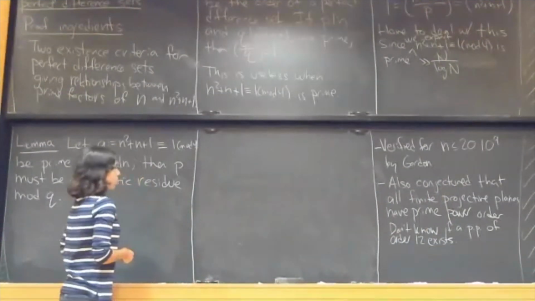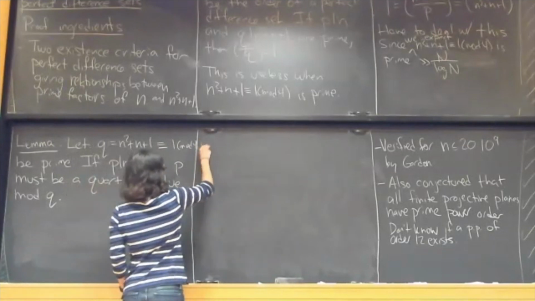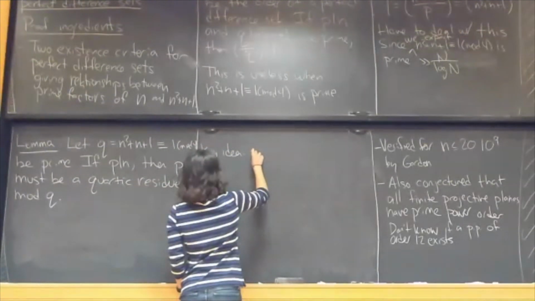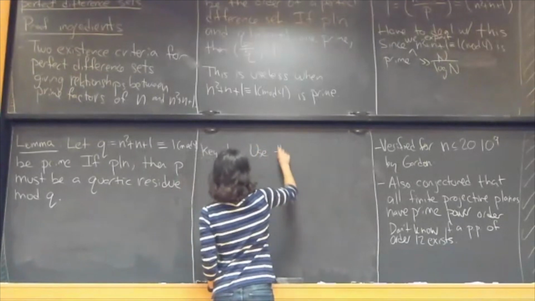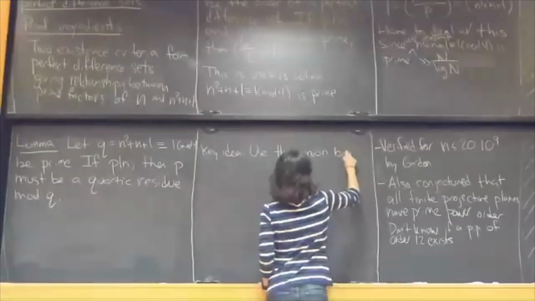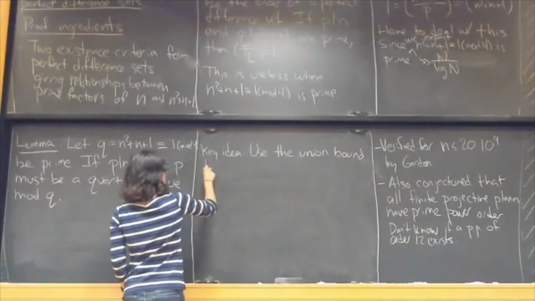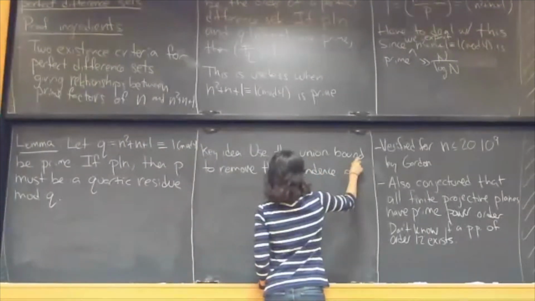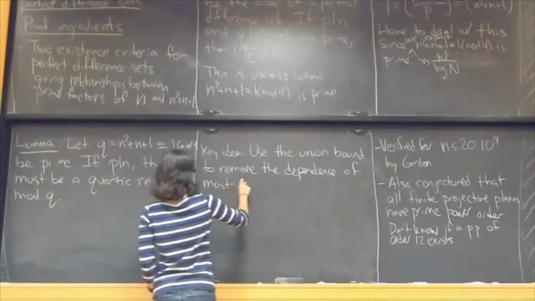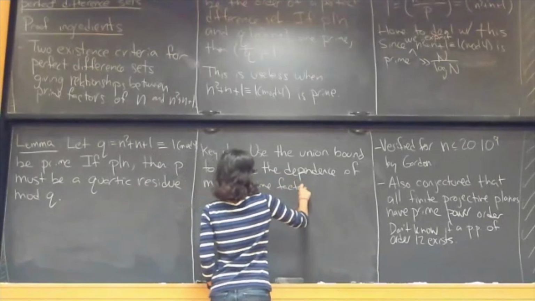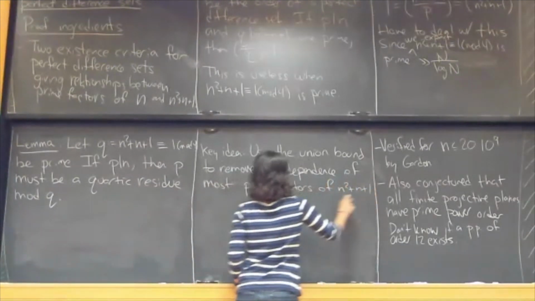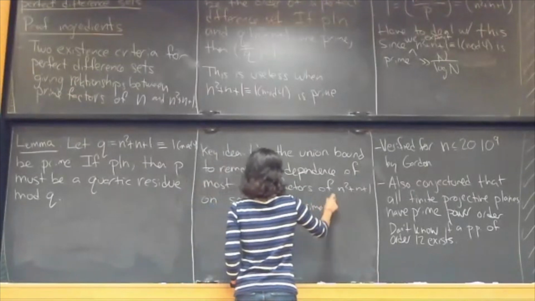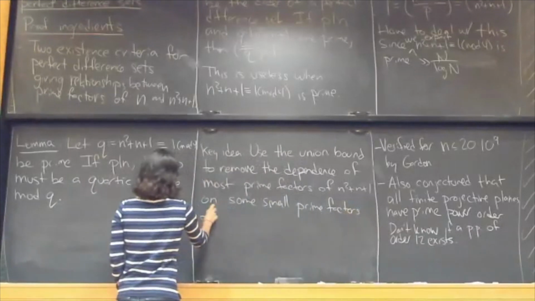The central idea that I use over and over again to get around this is to use a union bound in several places to remove the dependence of most of the prime factors of n squared plus n plus 1 on some small factors of n.